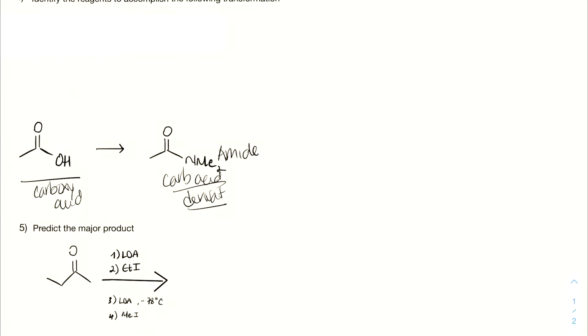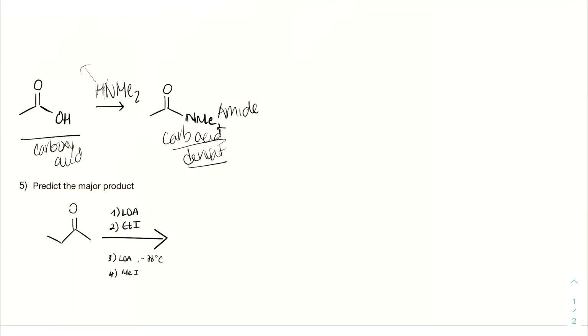And in order to get to your amide, you need to add this reagent. So since I have NMe2, I know that I have HNMe2, because you lose the hydrogen through the mechanism and you're just left with this group right here that replaces your OH.